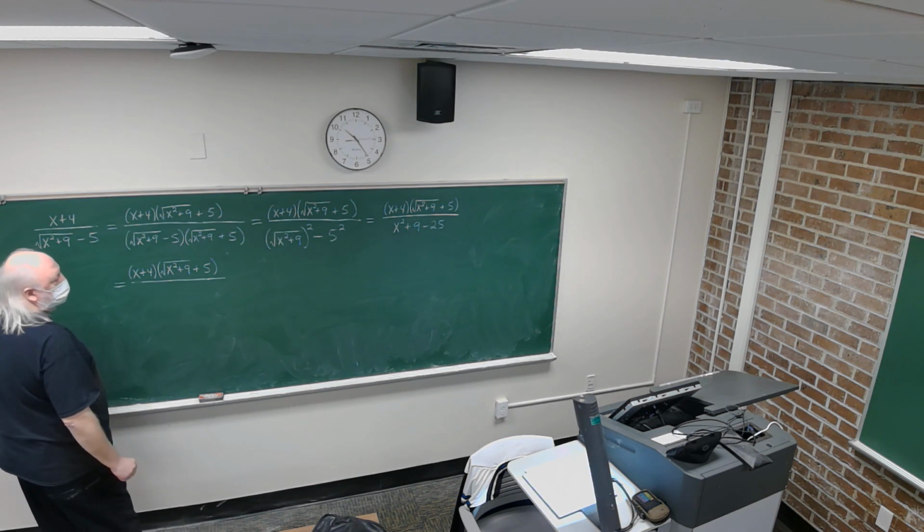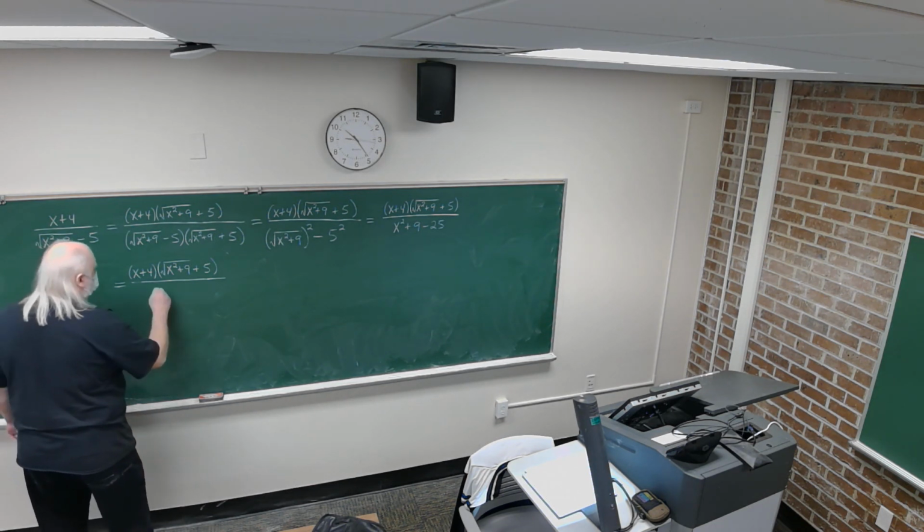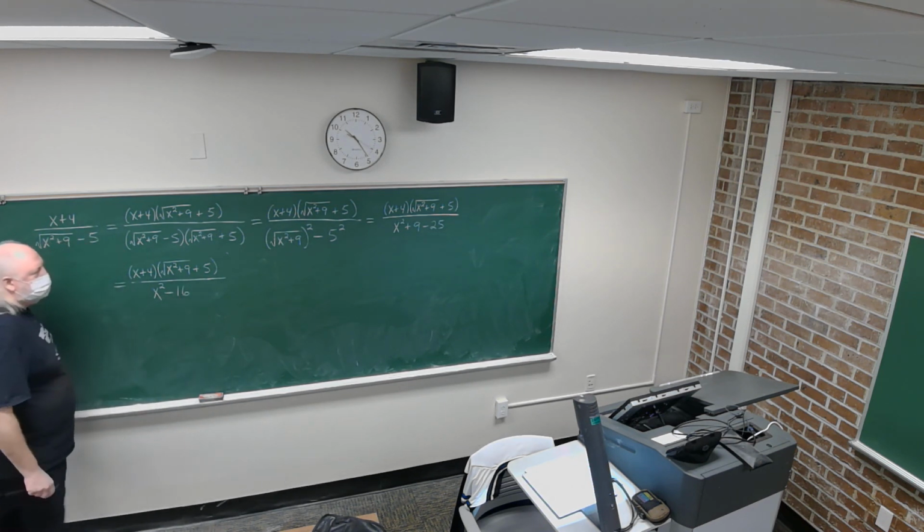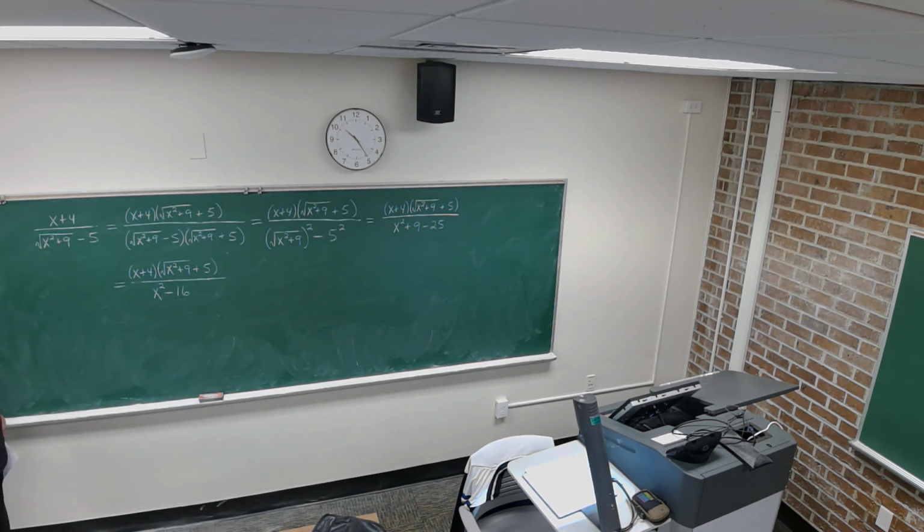Well, x squared plus 9 minus 25 is x squared minus 16. 9 minus 25 is minus 16.